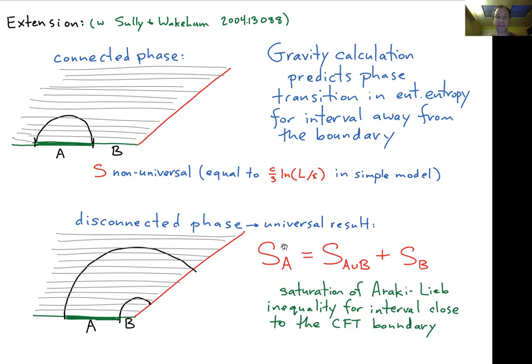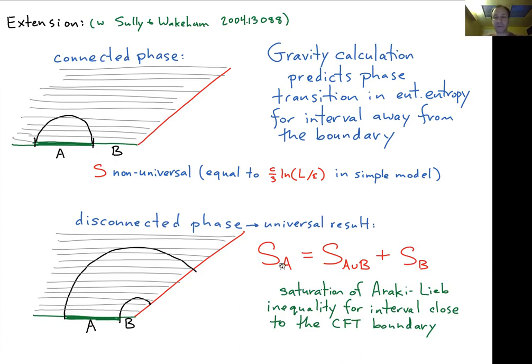This one has the interesting feature that it saturates one of these entropy inequalities: this is the area of this surface, which calculates the holographic entanglement entropy of the region B, and the area of this surface, which calculates the holographic entanglement entropy of the region A union B. So this phase is special in that it suggests that a particular kind of entropy inequality is exactly saturated.